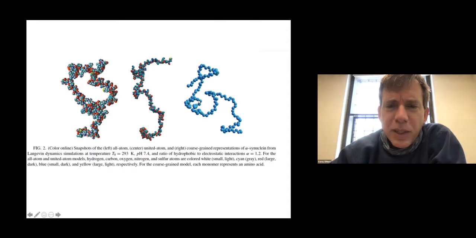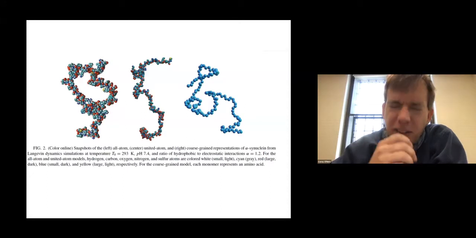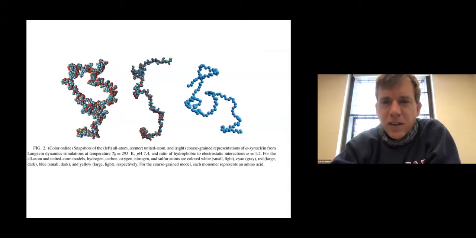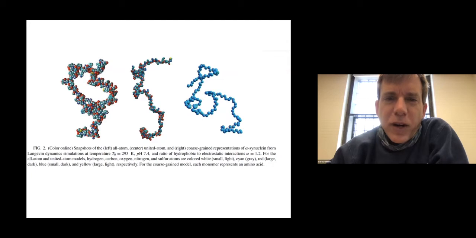There are also hybrids between the coarsest one on the right and the extended atom: you could do a C-alpha model with a single C-alpha atom for each amino acid, plus one or two atoms representing the C-beta or additional side chain atoms.